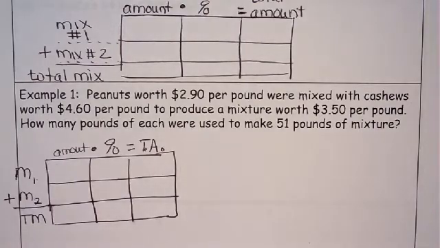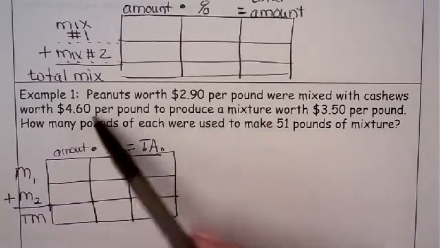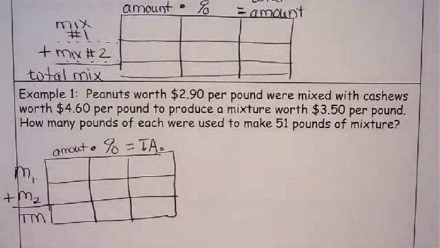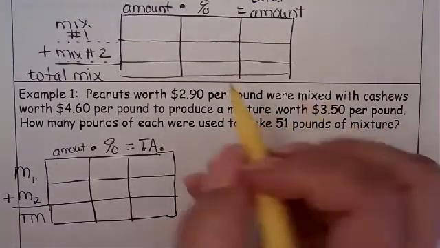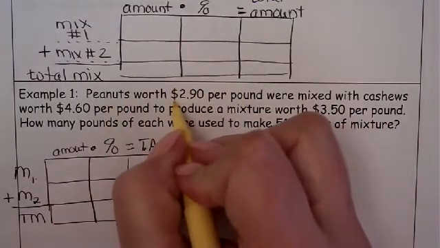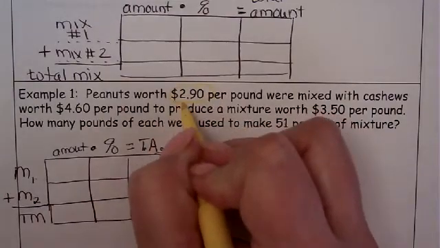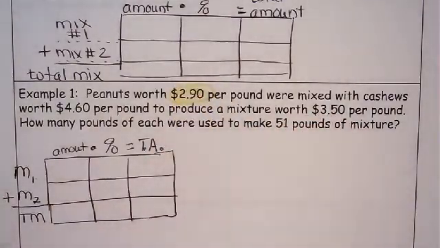Now I need to start putting in the numbers that I see in my problem. I do see 4 numbers. Right here it says peanuts worth $2.90.